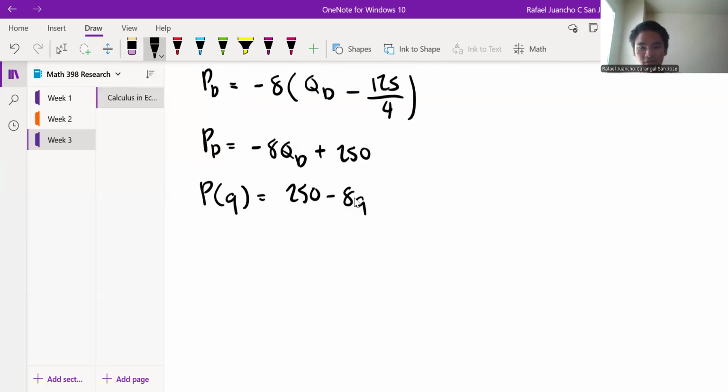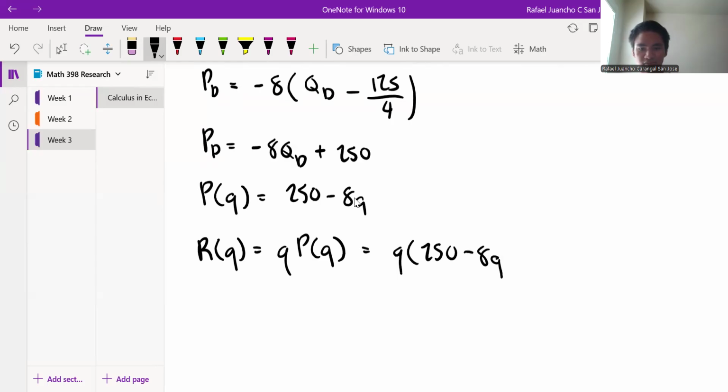Now what we want is our revenue in terms of Q, which is our quantity Q times our price, Q times P of Q. So we get Q times our price function, and we will get 250Q minus 8Q squared.